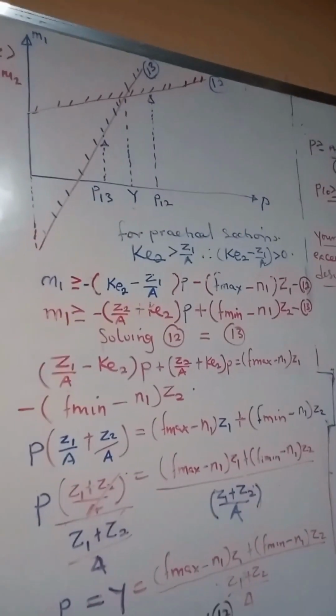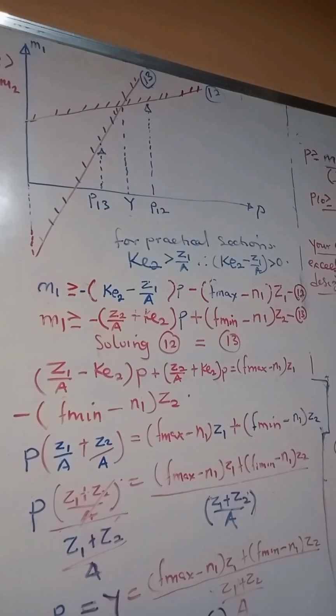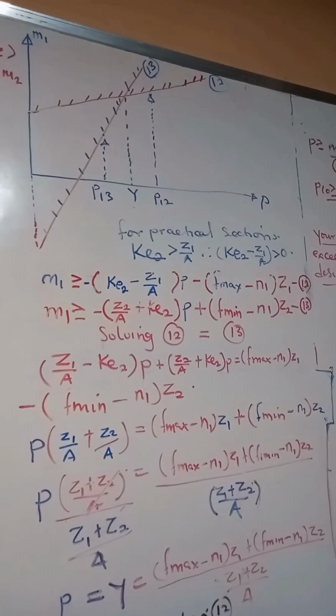Now, our selected pre-stress force is Y. Why we are choosing pre-stressing force like we did when we were treating the first case of positive moment?